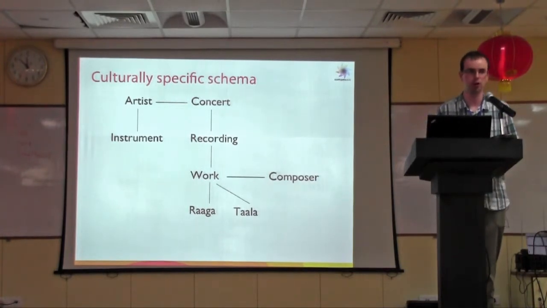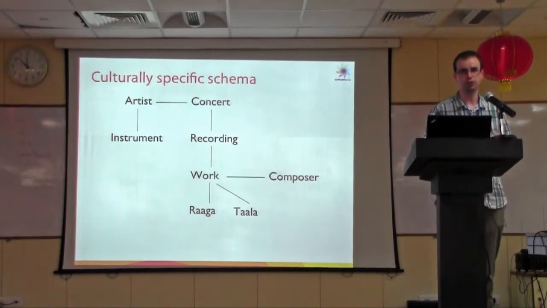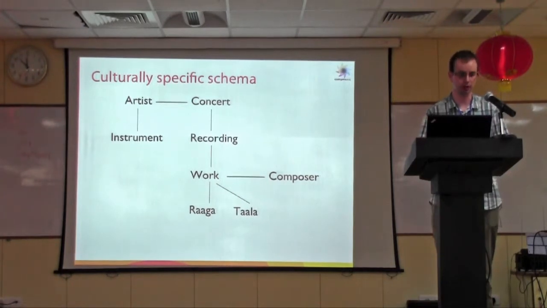For example, we know that an artist performs an instrument, and artists play concerts, and concerts have lists of recordings, and a recording is normally a recording of a work, and we know that a work has a composer, and it also has a known raga and tala. All of this information we're collecting into our database, and this is what we present in the main Dunya interface.